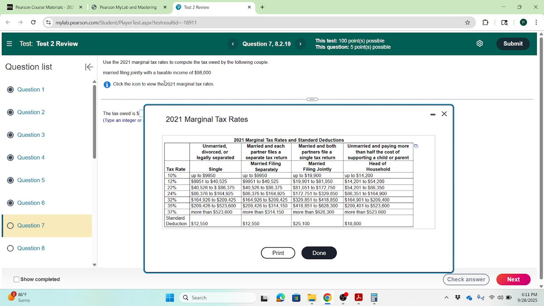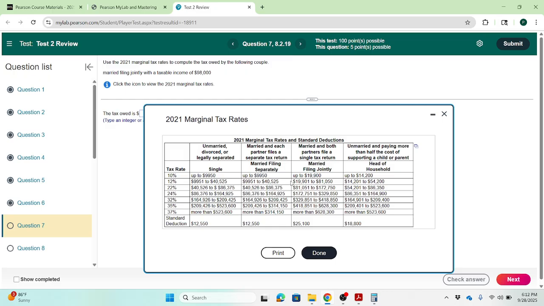Find the right column, married filing jointly: married, and both partners file a single tax return together. This is the third column, which is the one we're going to look at. Then look at the income, which is 98,000.